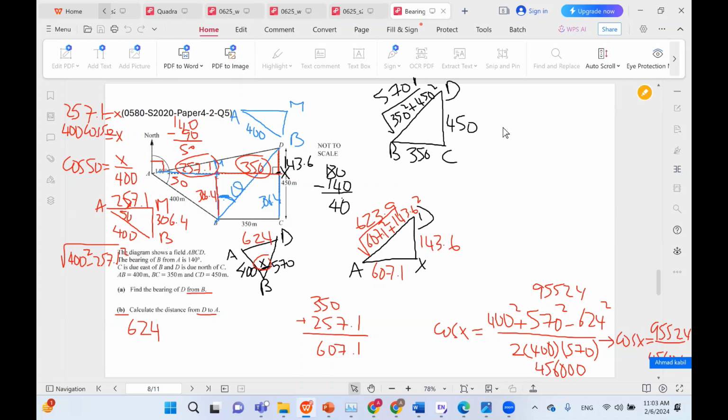And we just do shift cosine to get the answer. And the answer is 77.9. So angle ABD is 77.9.